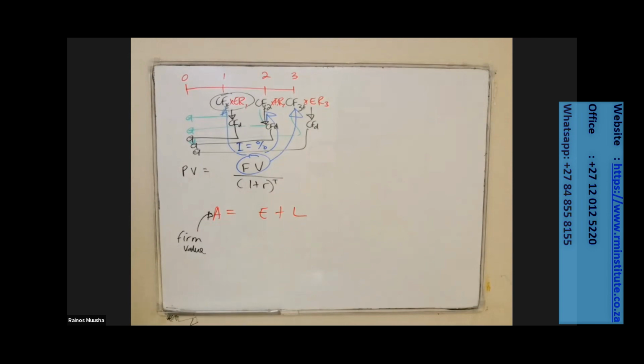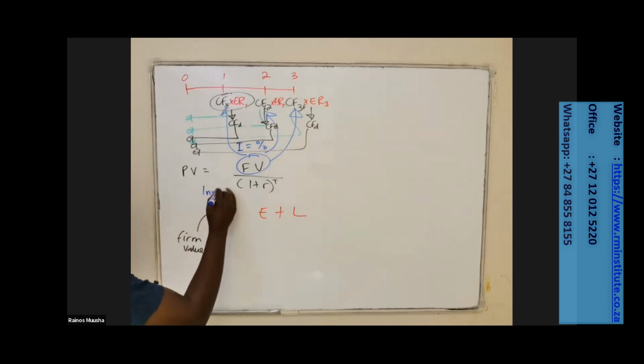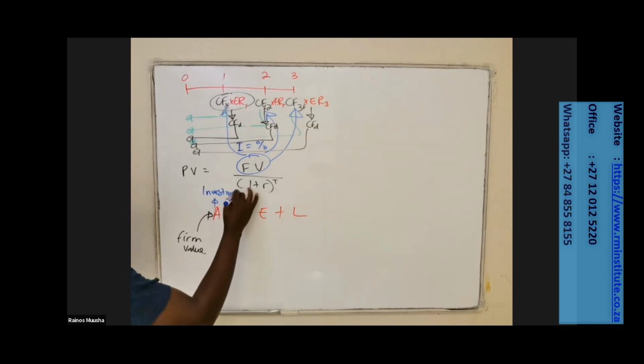Now, this is where the choice comes in of how much assets we are going to be investing in each subsidiary. So this is where you look at investment decisions. This is where the investment decision comes in.